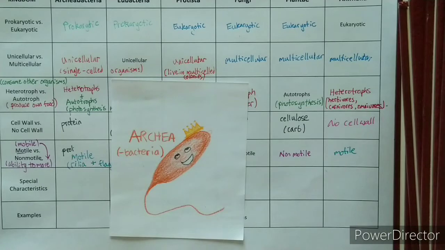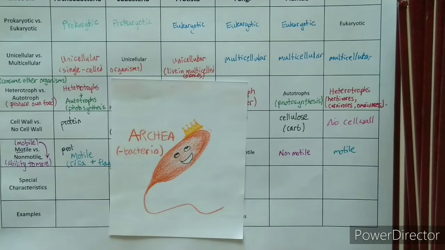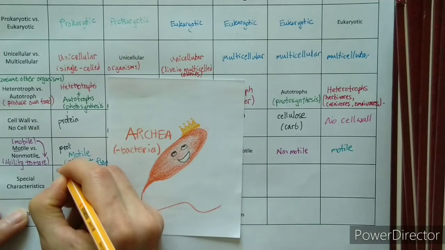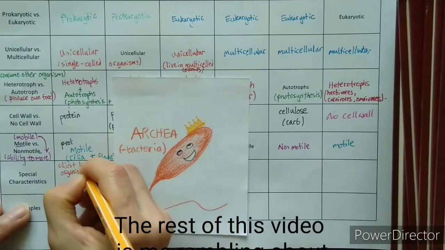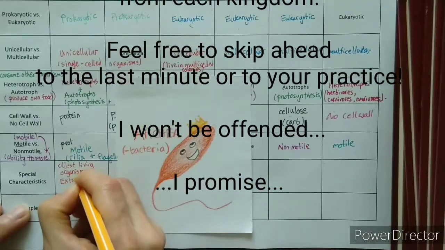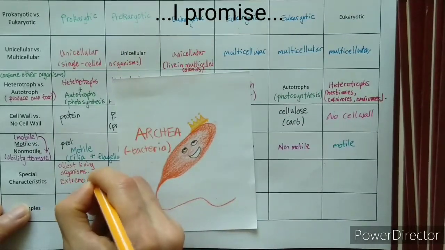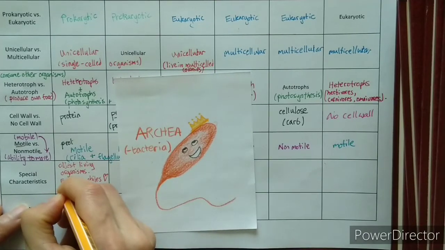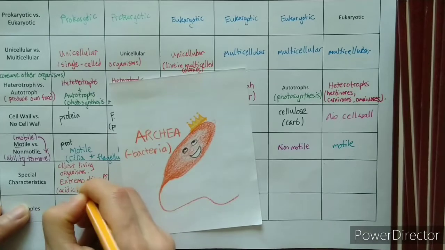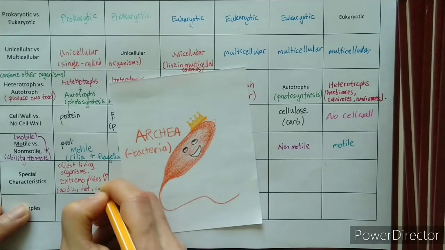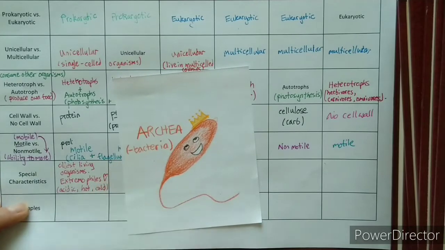The special characteristics being that Archaea are considered the oldest living organisms. They're also known to be extremophiles. Philes meaning loving. So they love extreme environments, whether it be acidic or really hot or really cold. They absolutely love and thrive in extreme environments.